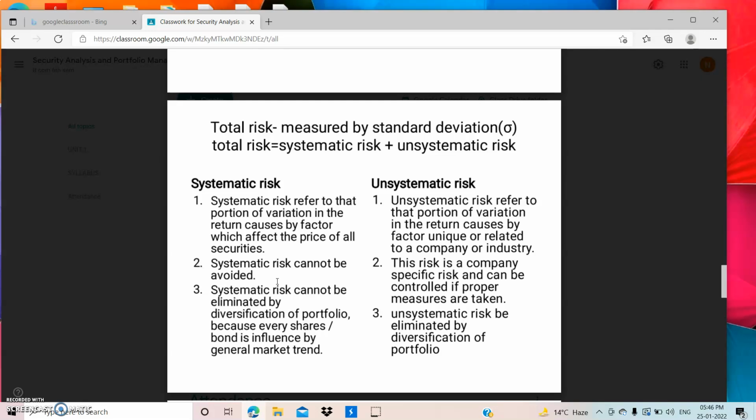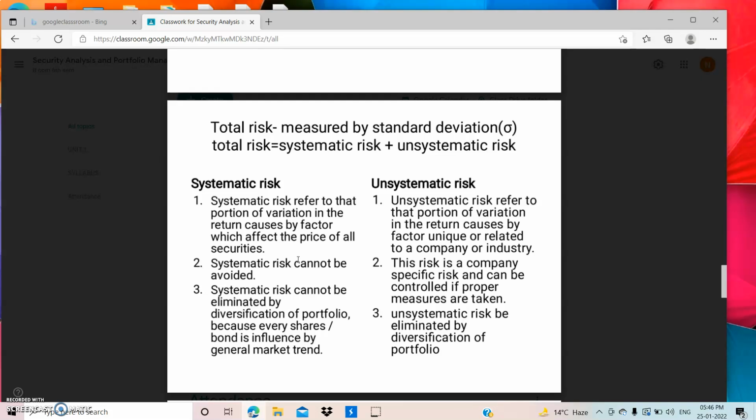Suppose you have invested in a particular industry, say the tea industry. The loss that you have suffered after 1 year was due to the sudden outbreak of the coronavirus, and that was the risk.